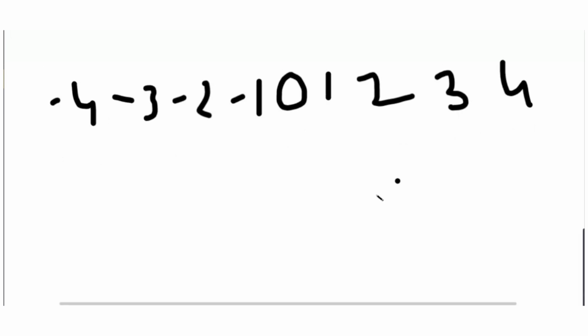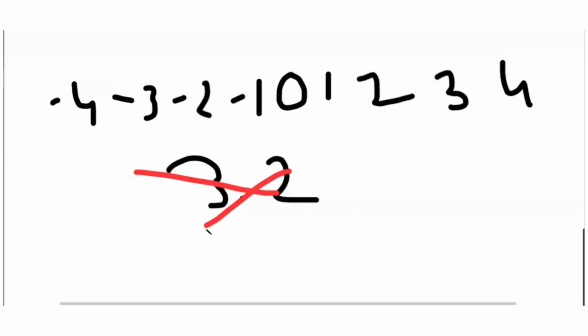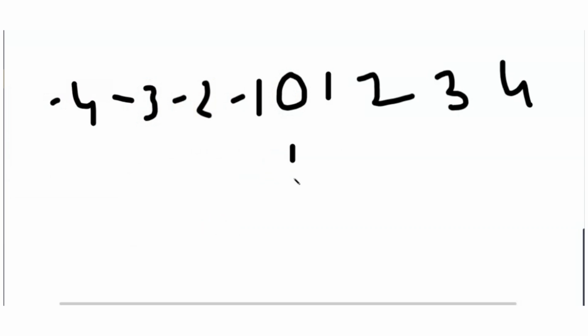Now, just to add to this, an integer does not have decimals. So 3.2 is not an integer. 3 is, but 3 point 2 isn't. Just to make sure, this includes fractions as well. Fractions are not integers.